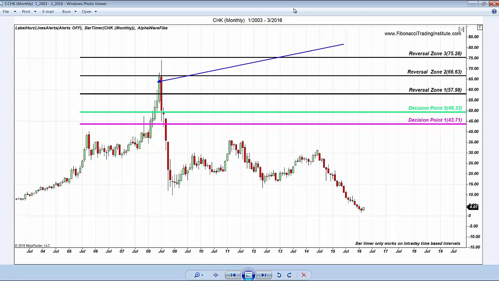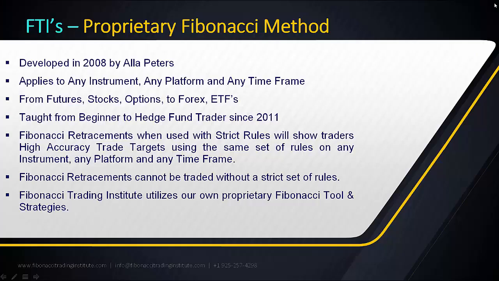I recognized very, very clearly that price forming patterns will override any news events, any fundamentals. I recognized very, very clearly that if trading on fundamentals and news worked, every single person on the planet would be Bill Gates. Since 2011, I worked with traders from beginner to hedge fund trader who trade the method in the US and globally on any instrument, any platform and any time frame.